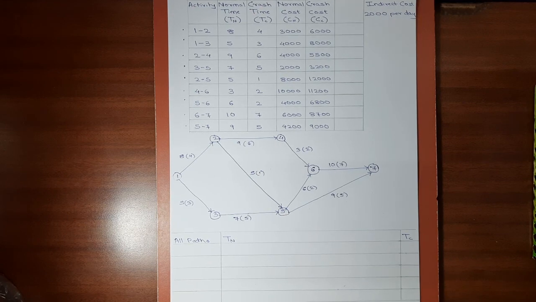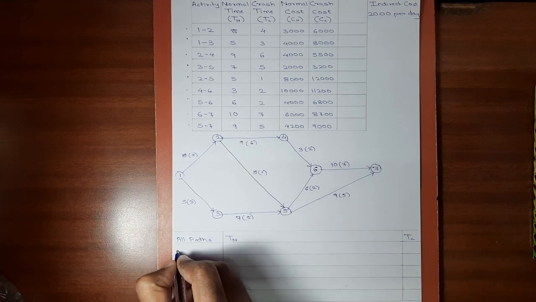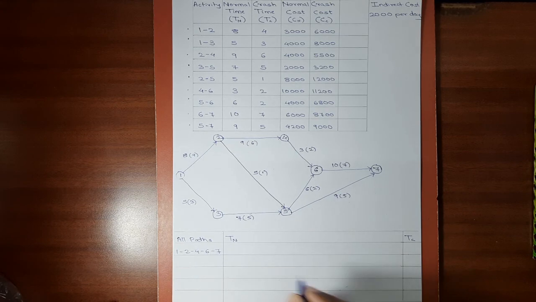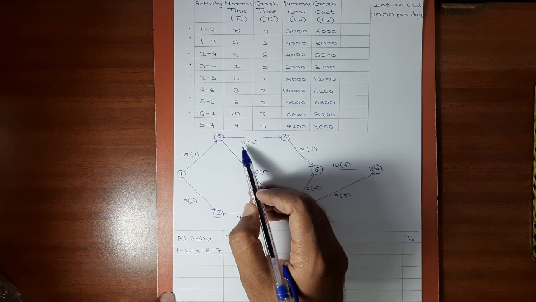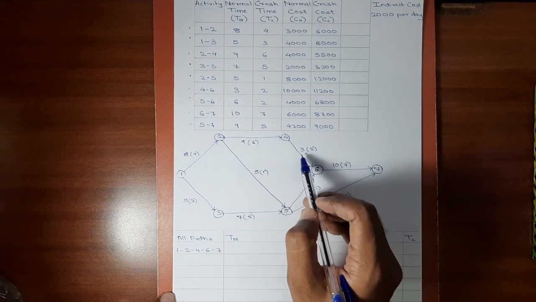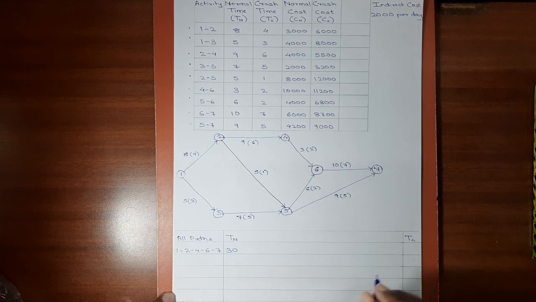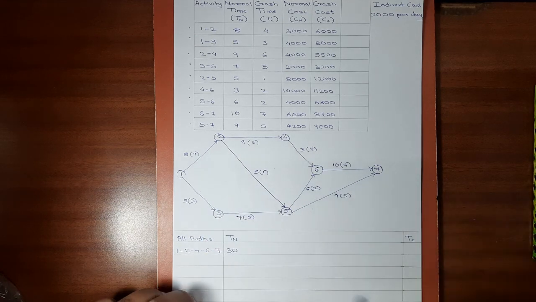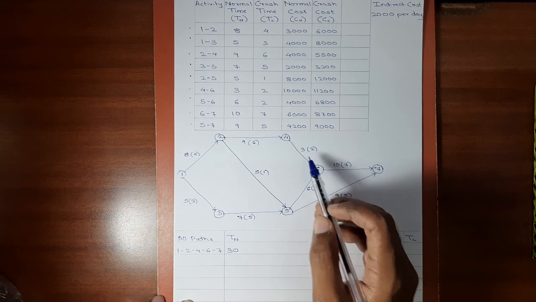The first path will be 1-2-4-6-7. The normal time of that path will be 8 plus 9, 17, 17 plus 3, 20, 20 plus 10, 30. The crash duration for that path will be, taking the time mentioned in the bracket, 4 plus 6, 10, 10 plus 2, 12, 12 plus 7, 19.